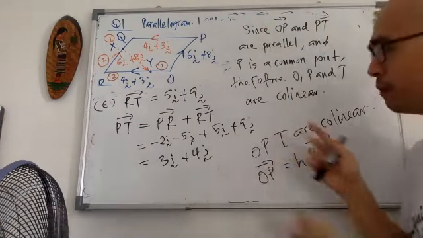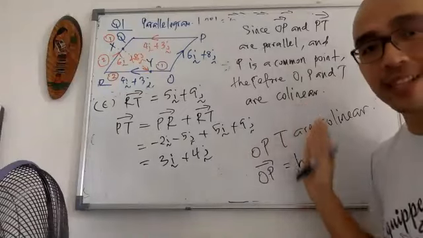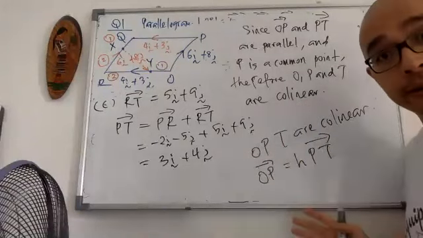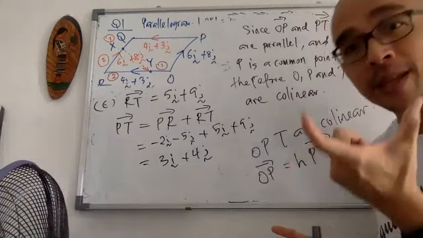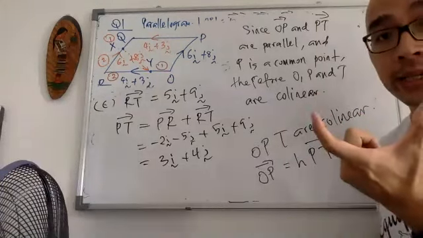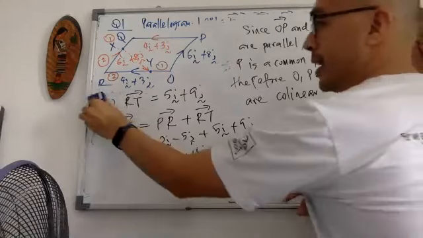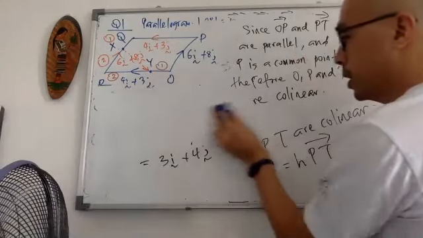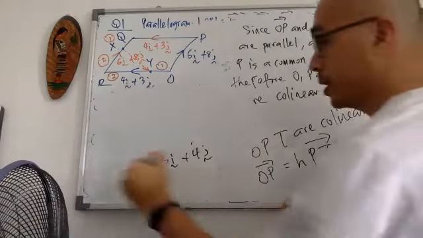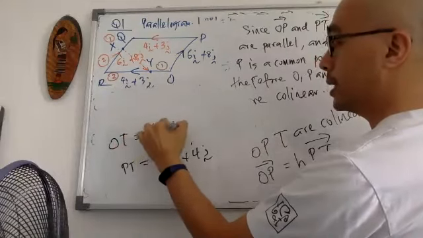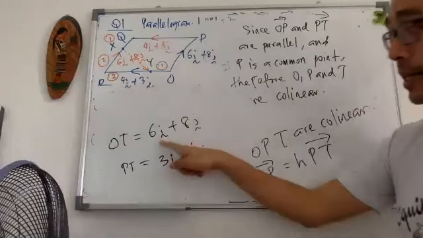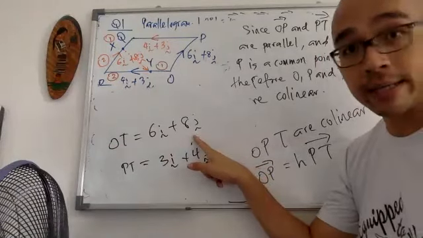Of course, before you write this sentence, you have to prove that OP and PT are parallel. They're parallel if they have the same common vector. For example, we find that this is PT, and OT is 6i plus 8j. 6 and 8, I can factorize out.